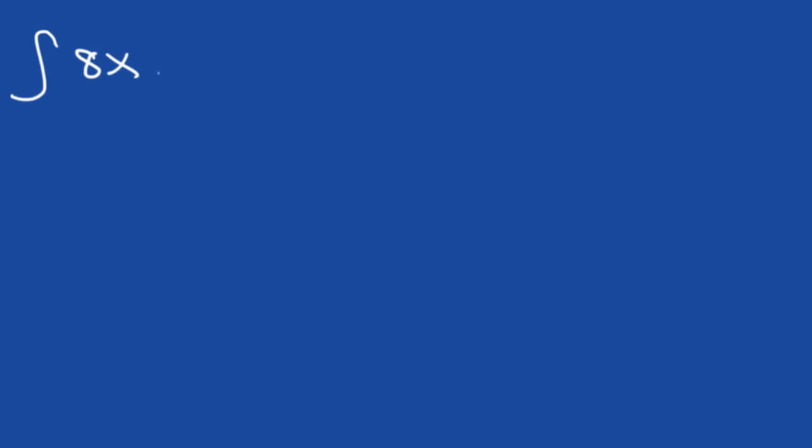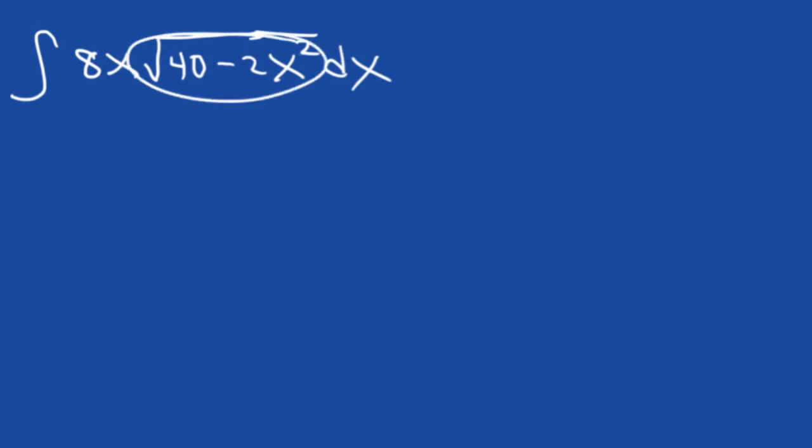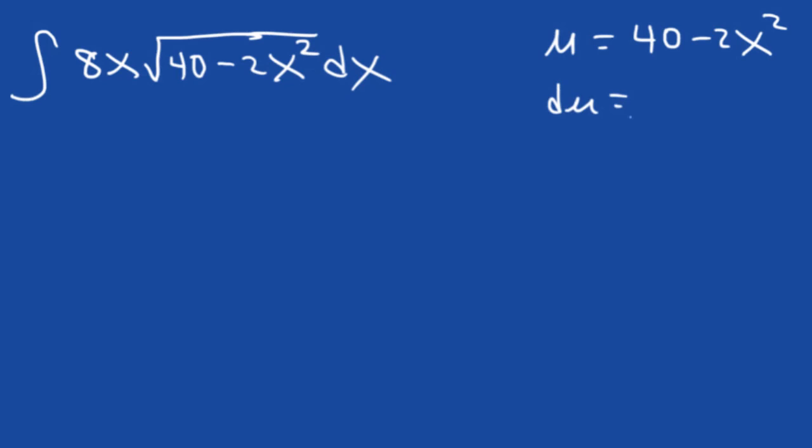Here's another one. Find the definite integral of 8x times the square root of 4 minus 2x squared dx. So typically you want to make u equal to the stuff that's more complicated, and that's the stuff on the inside of the square root. If we make u equal to 4 minus 2x squared, du is going to be the derivative of 4, which is 0, so we can ignore that, and the derivative of negative 2x squared is negative 4x dx.